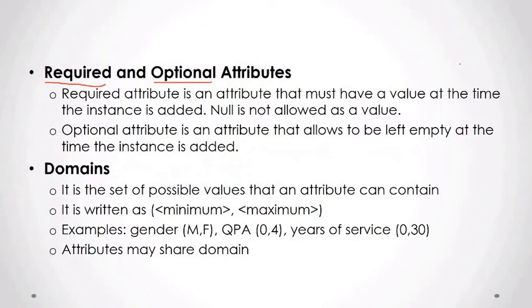So normally, at some point a particular instance of the entity cannot have that particular value, and sometimes an instance of an entity can have that value, then that's where we consider that attribute to be optional. But when the attribute is really important, then we normally consider it as required.